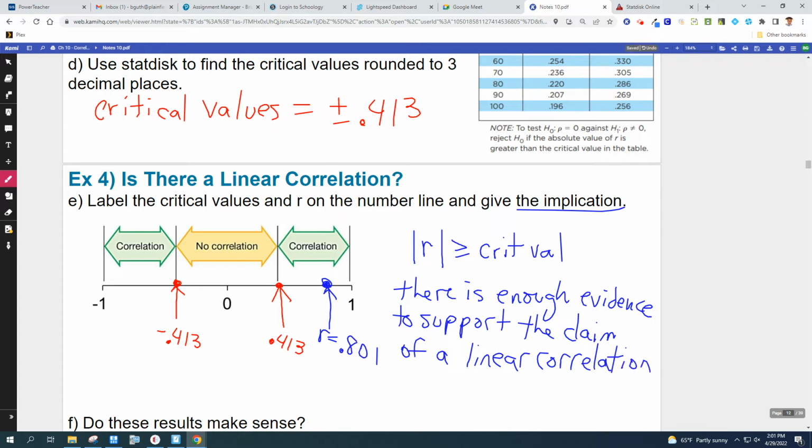So is there or isn't there? There could be. There's enough evidence to support the claim of a linear correlation, but they stop short of telling us that there definitely is.